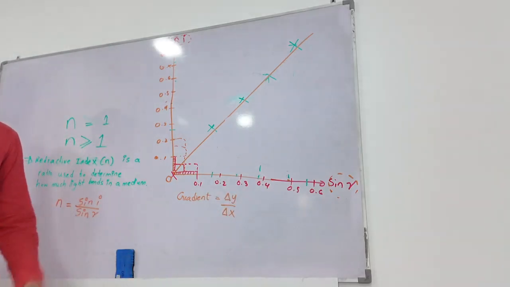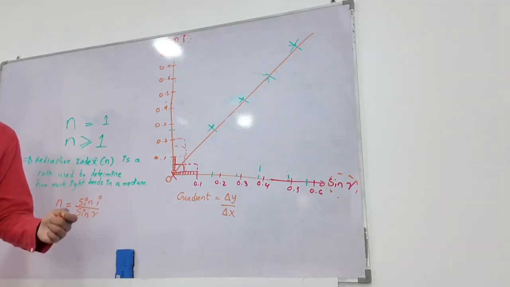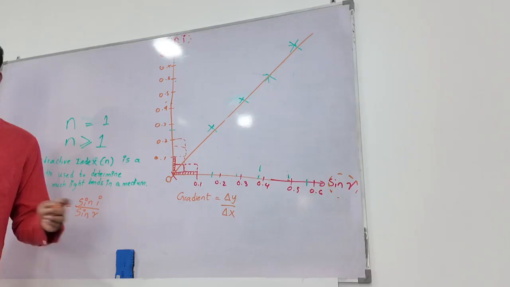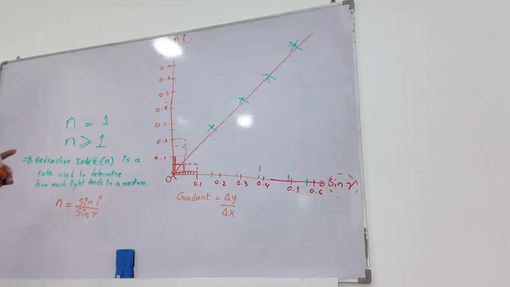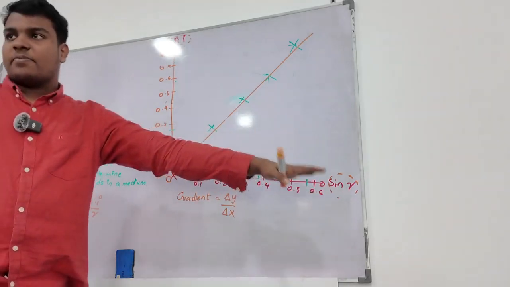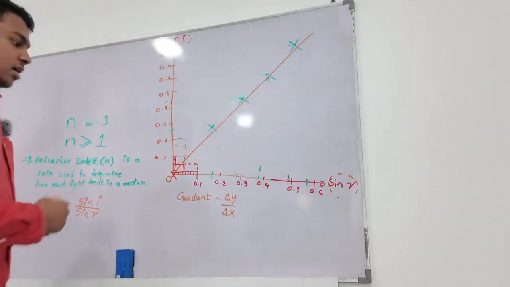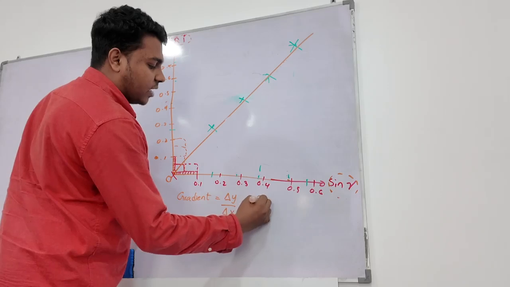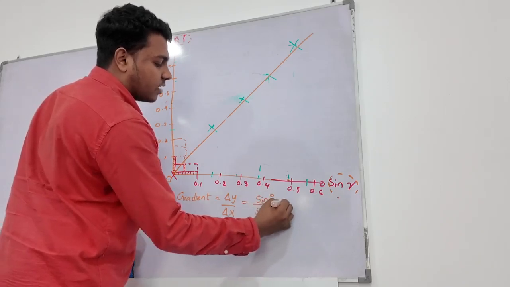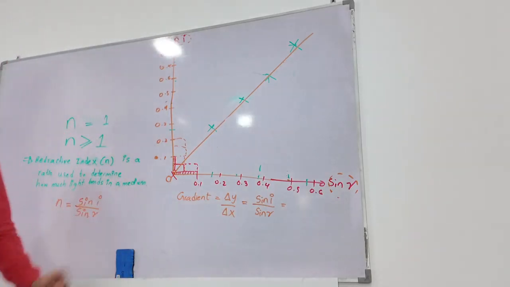Gradient equals delta y over delta x, like y2 minus y1 over x2 minus x1. In maths you have learned that, remember? So gradient is refractive index. In a sine I versus sine r graph, delta y will be in sine I and delta x will be in sine r. Then what is the gradient? Gradient means the refractive index.